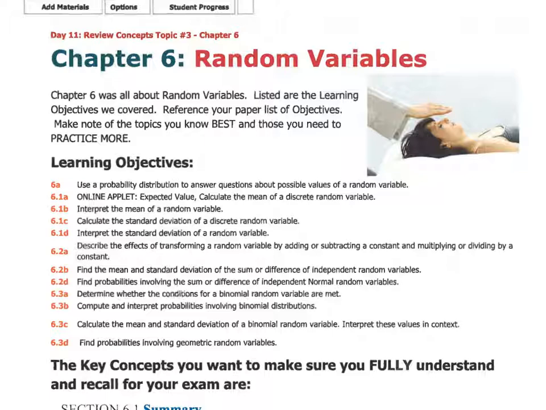And then we used and calculated some probabilities from that. They also brought in our binomial random variables at that time. And we did binomial CDF and PDF. And also we learned how to calculate the mean and standard deviation of a binomial, in addition to looking at the geometric. So chapter 6 is probably one of the trickier ones for probability for students.